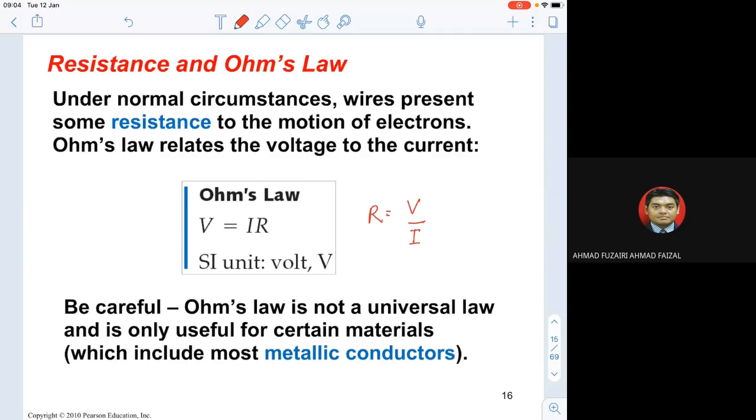Ohm's law is where we want to see the ratio of voltage over current. If you happen to memorize this one, the easier part is when we just say V equals IR.